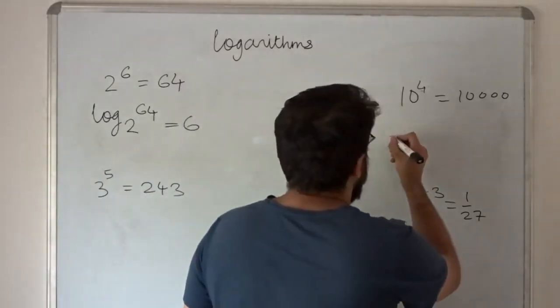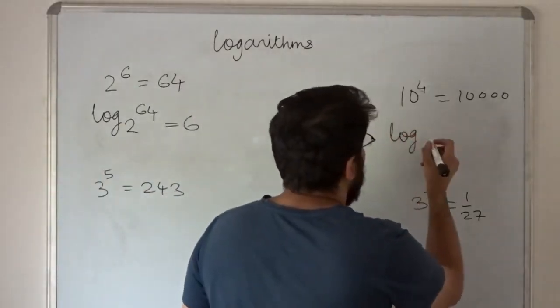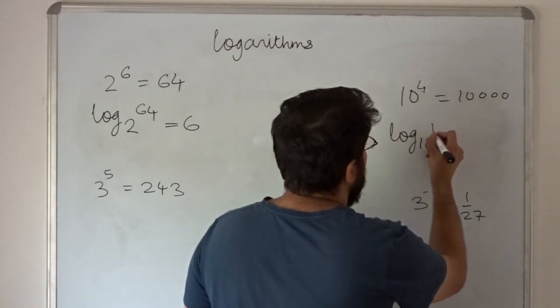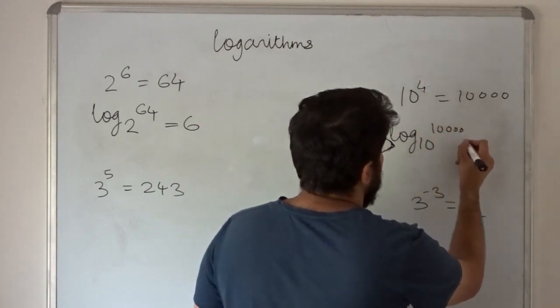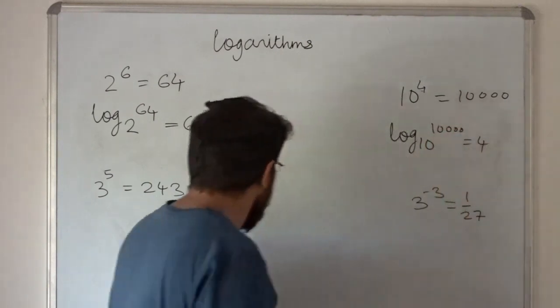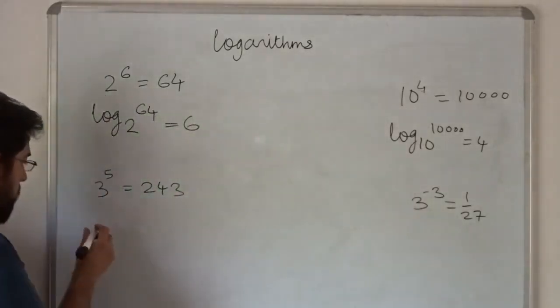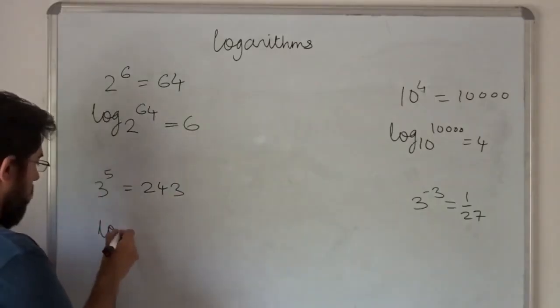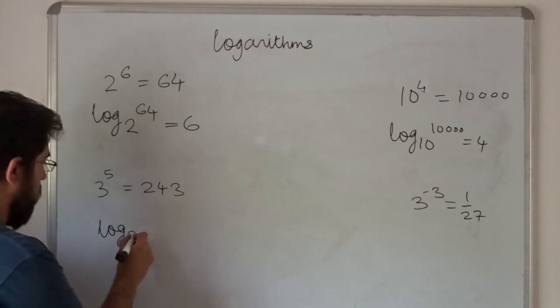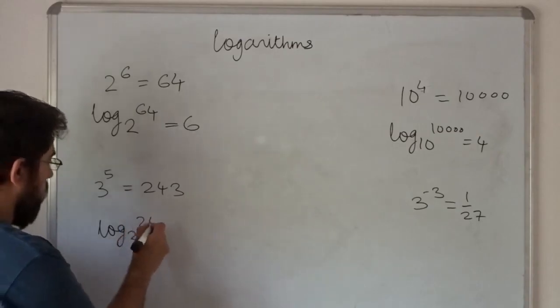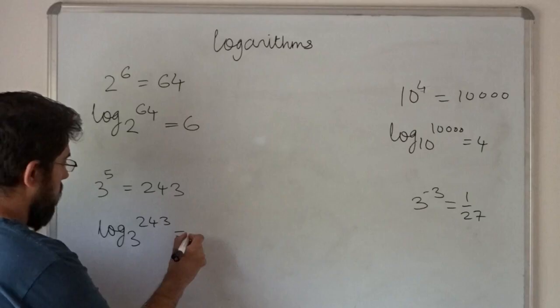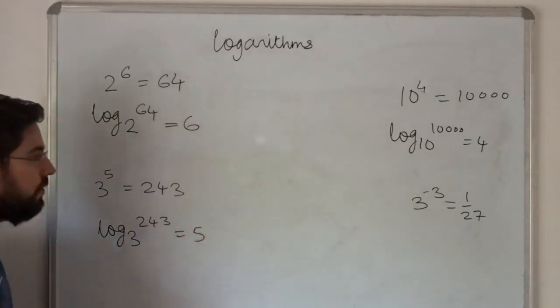So again this one, log base 10 of 10,000 is equal to 4. Now this one is log base 3 of 243 is equal to 5.